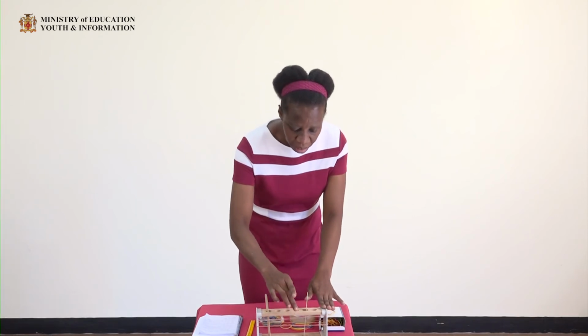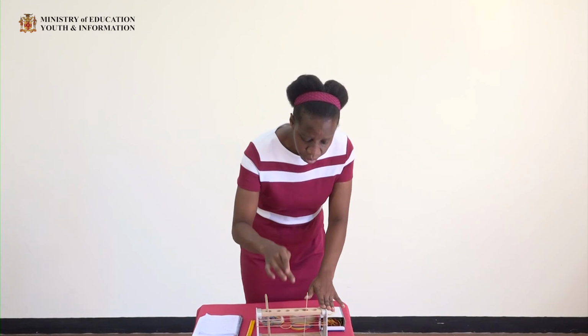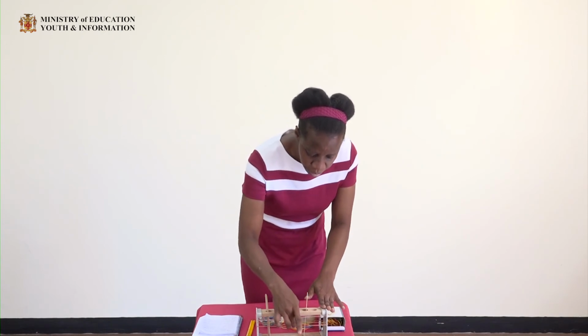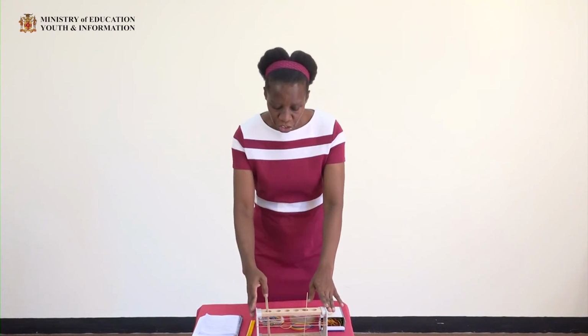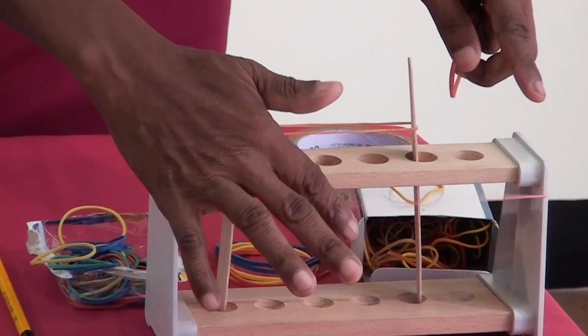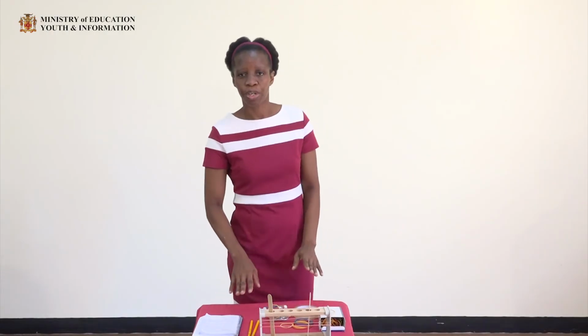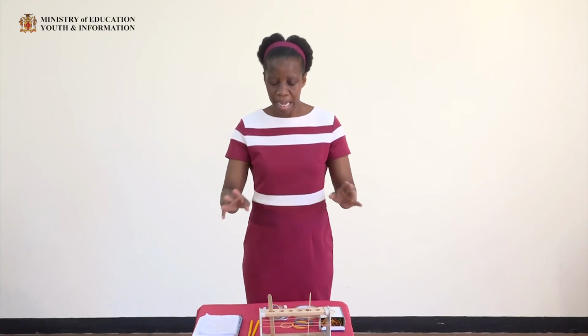Pluck each elastic band 2 or 3 times. And of course, listen to the pitch to determine whether it is high, low, or medium pitch. And of course, we can put all of these results that we get in a table.